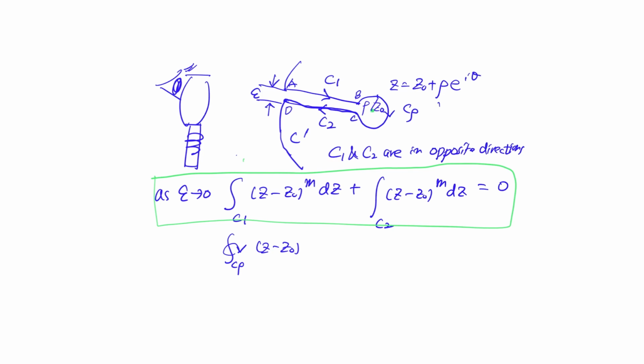So 0 circle with radius rho, right? dz becomes, epsilon goes to 0.